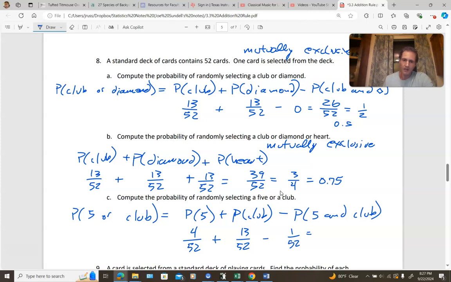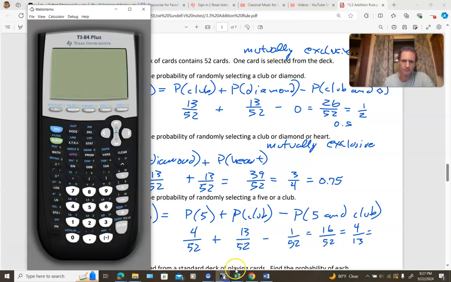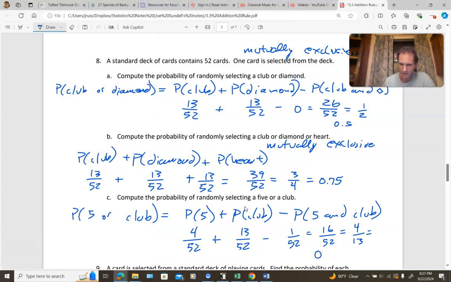All right, so if we do this, I believe it's going to be 16 out of 52, which we can simplify down to 4/13. Okay, so to 3 decimal places, it's going to be 0.308.